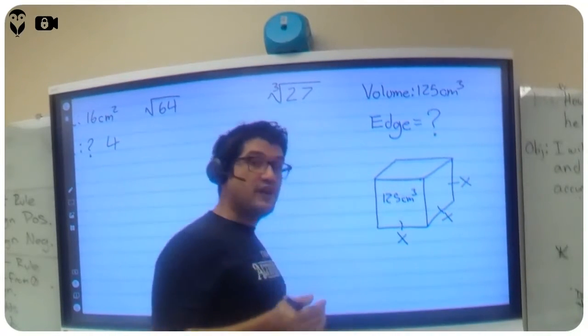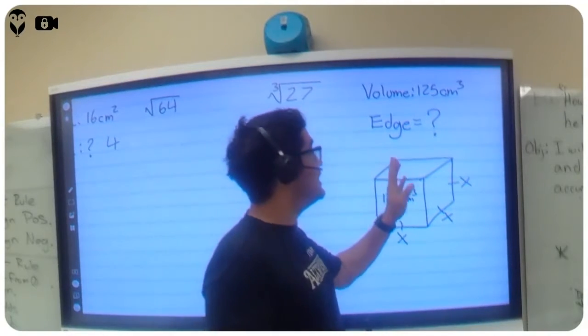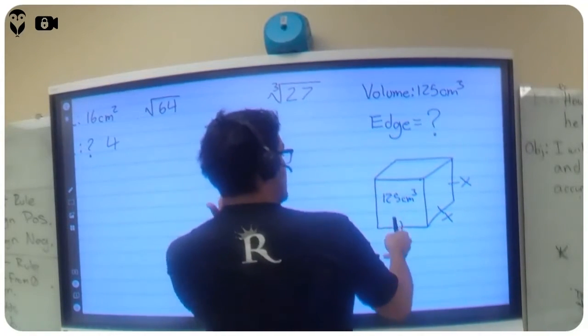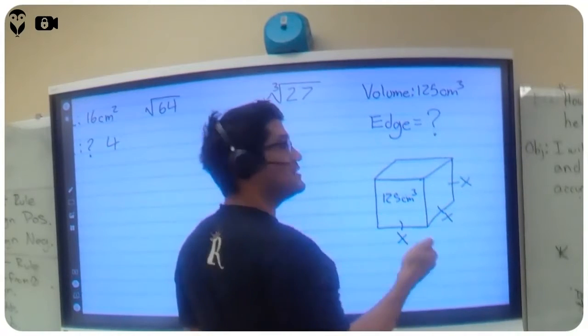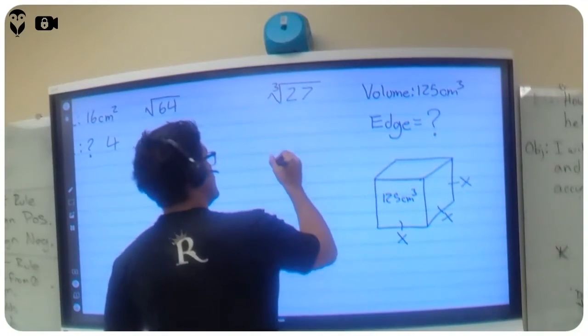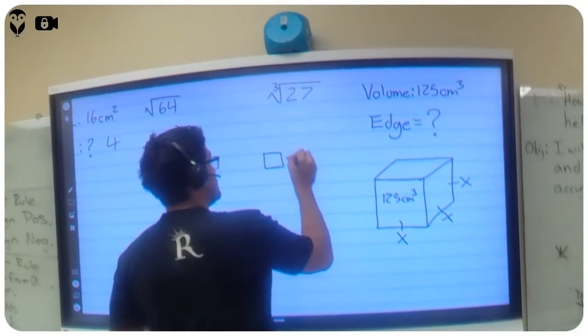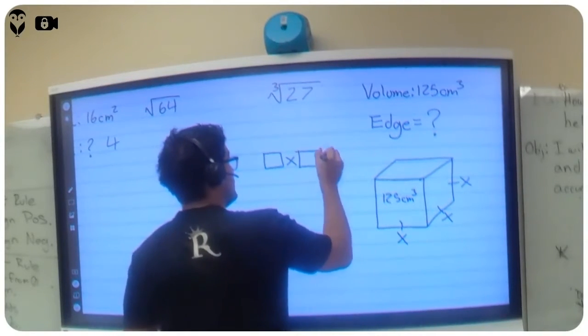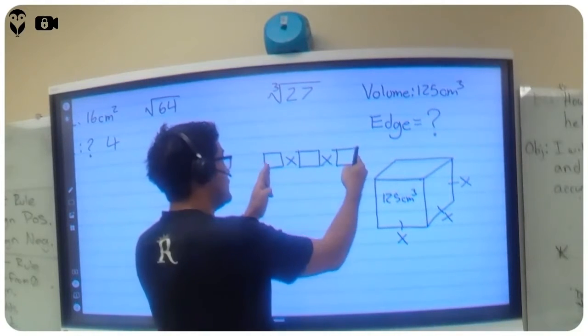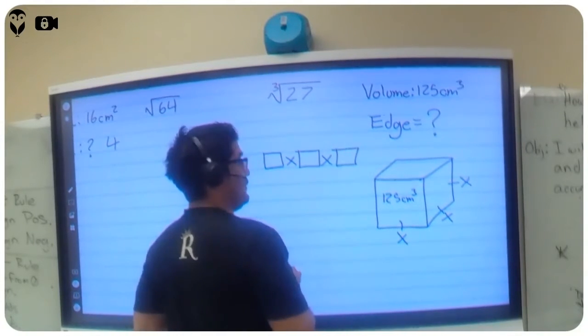How do you find volume? You multiply length times width times height. So we know that each number is the same. So what number times that same exact number times that same exact number again goes in here and gives you 125?